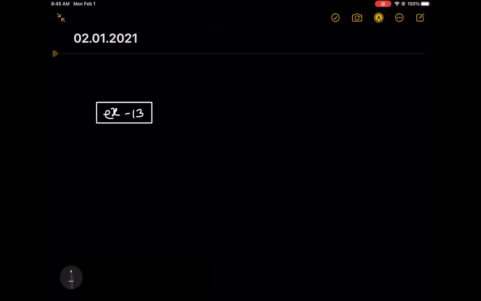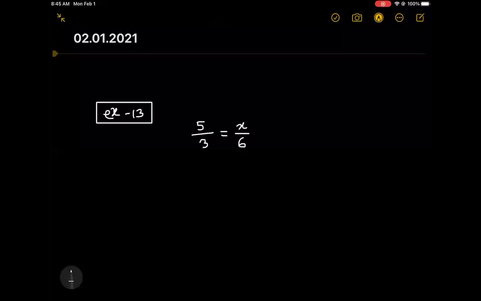It says, solve the proportion 5 over 3 equals x over 6. All right, so again, we'll follow the same procedure. Just don't look at the solution first. Try to see what the question is looking for.